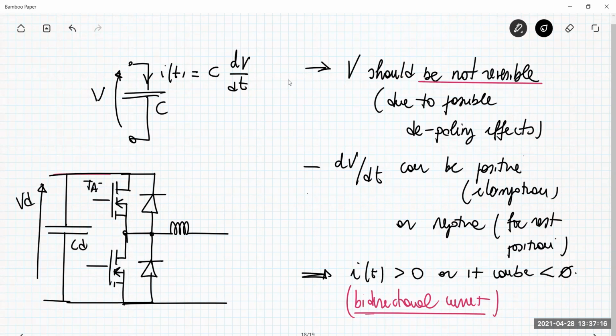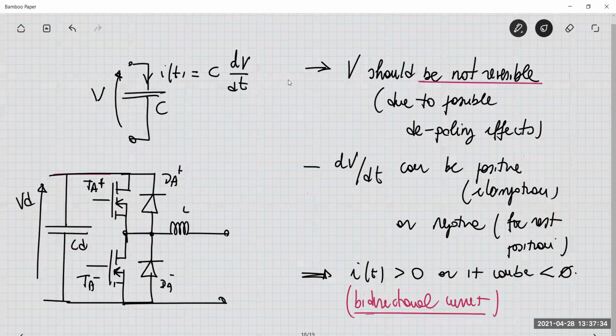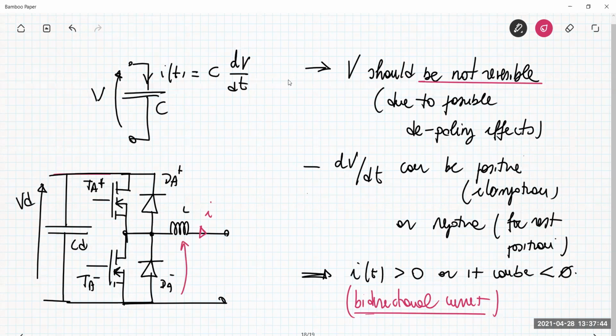TA plus, TA minus, dA plus, dA minus, LA, or let's say L. This is the current port, and you have the voltage port, etc. You know that the current flowing here can be made to be bidirectional, while the voltage that you have here is only positive.